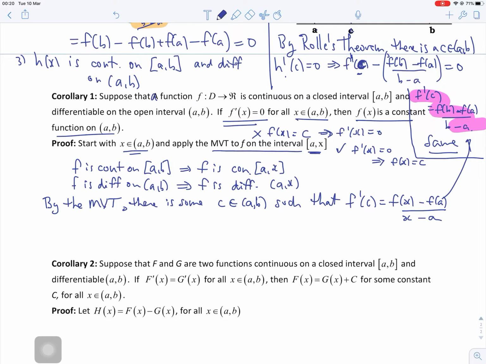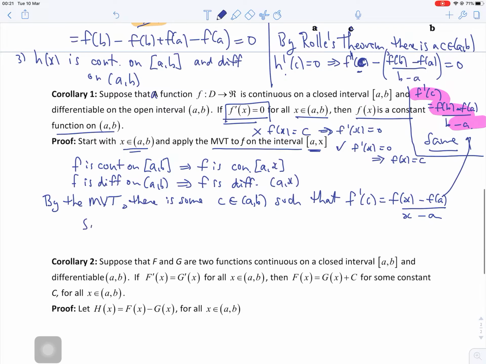But we know that f prime of c is 0 because we're dealing with a function whose first derivative is always equal to 0. So 0, which is f prime of c, is f of x minus f of a over x minus a.